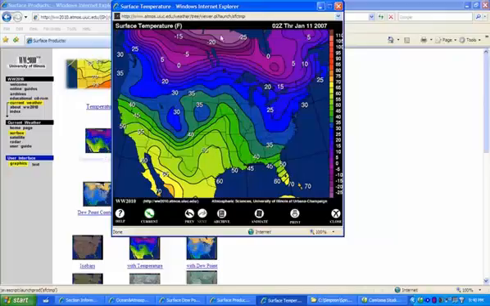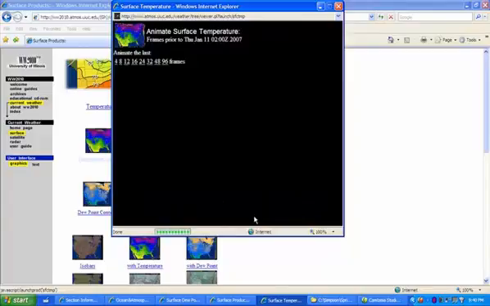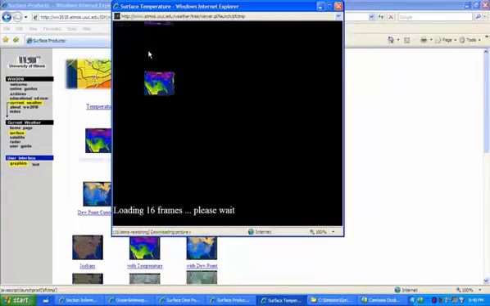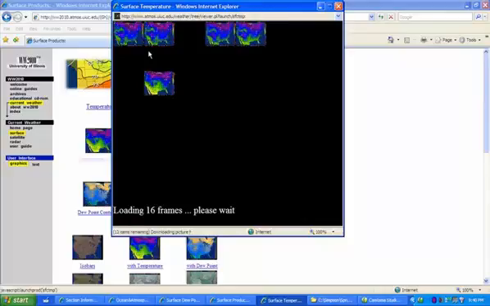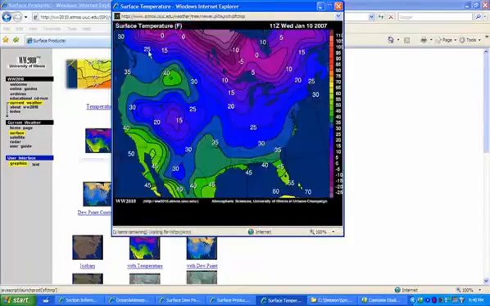Now, what's going to happen? Are we going to have this cold air move down into Iowa, or is the warm air going to win out? One of the things that we can do is animate. Now let's go ahead and animate the last 16 hours. Because one of the things that I want to forecast for is the 12Z temperature for tomorrow morning. Now, one place I could start is to take a look at the 12Z temperature for the current day.